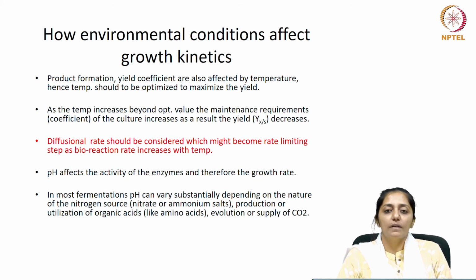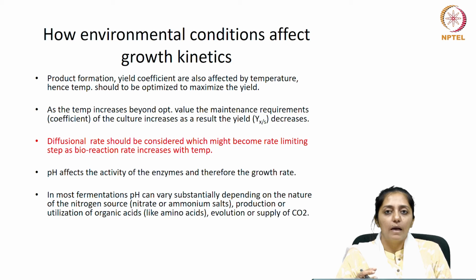The diffusional rate should be considered, which might become the rate limiting step as the bioreaction rate increases with temperature. As we know, the growth rate is a function of temperature, and as the temperature increases, the growth rate will keep improving until it reaches the optimum temperature.